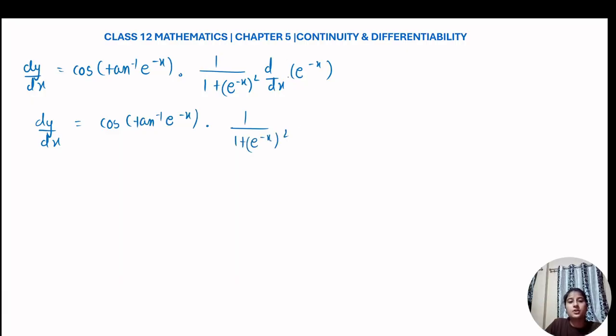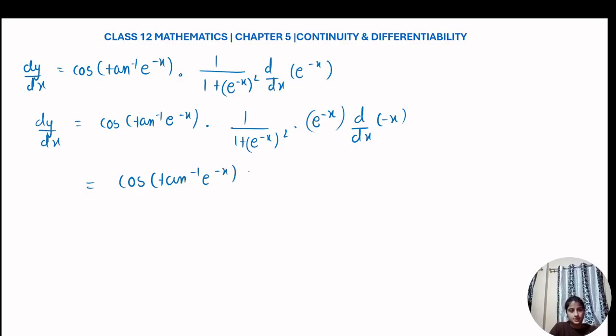Now differentiate e raised to minus x. So as we know, its differentiation is e raised to minus x. Now differentiate its argument. Its argument is minus of x. So that is d by dx of minus x.